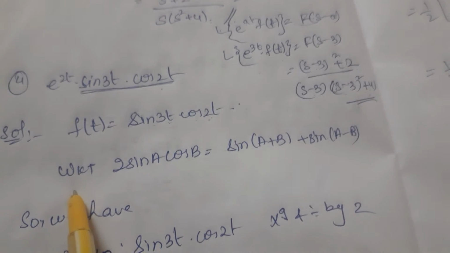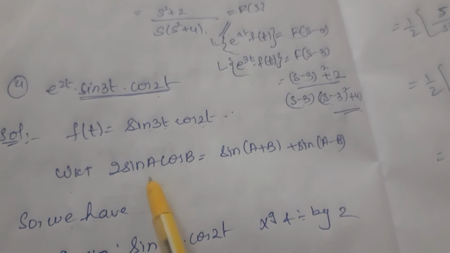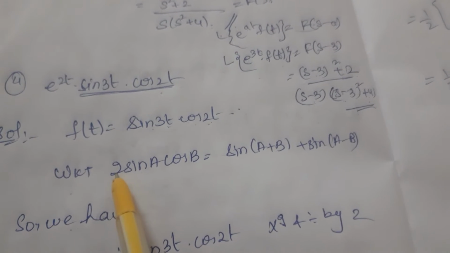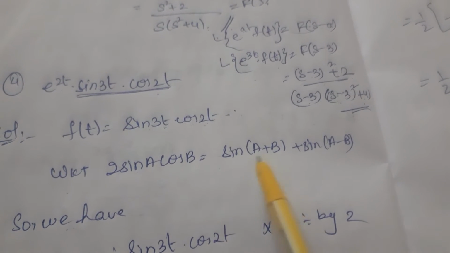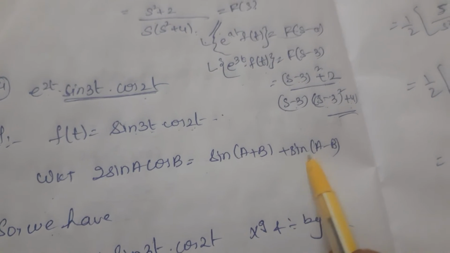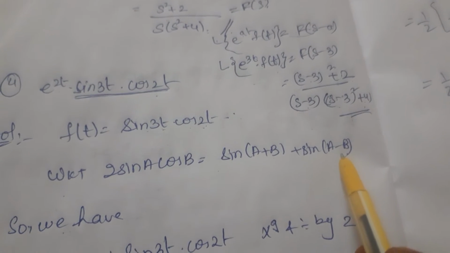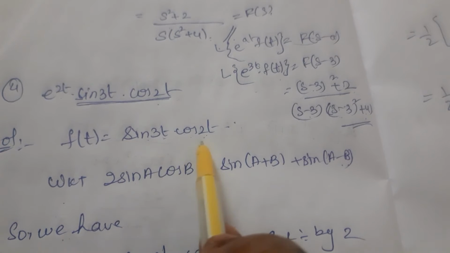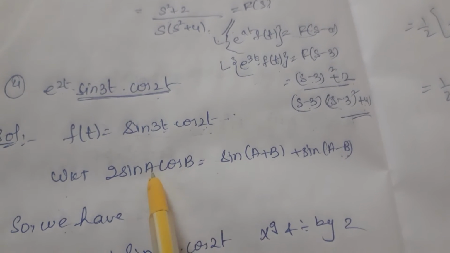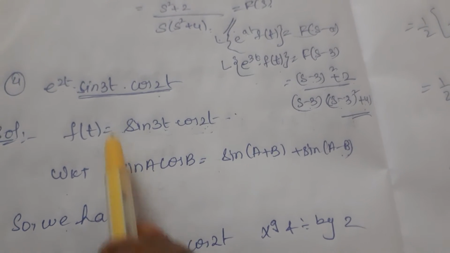We know from the transformation chapter in intermediate level that 2 sin a cos b is equal to sin (a plus b) plus sin (a minus b). So we will convert the given form into this formula. What is the missing term? 2.